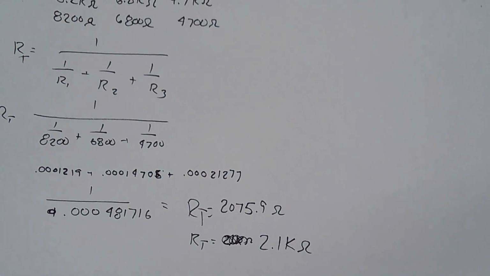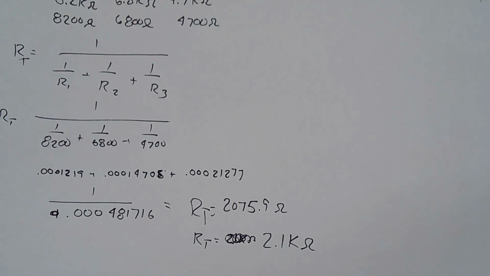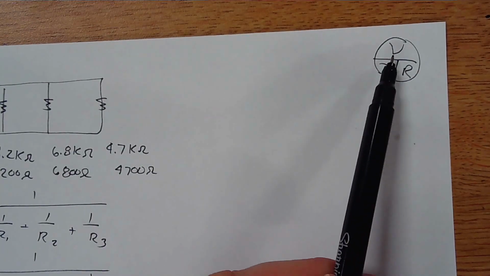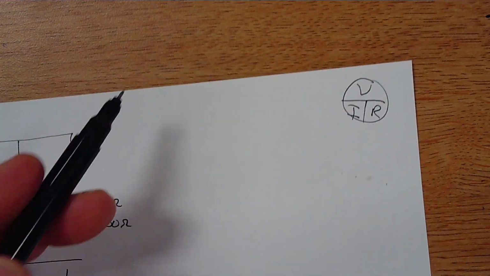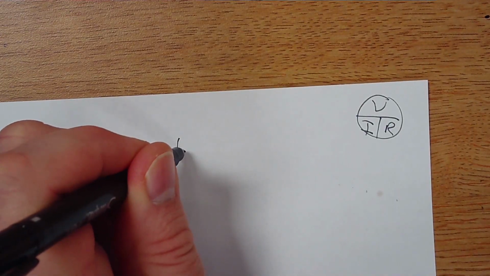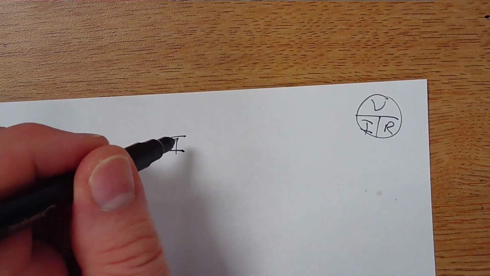Okay, so now we need to figure out current. I have voltage total, I have resistance total, so I can figure out current total. Current is the one that I am missing.